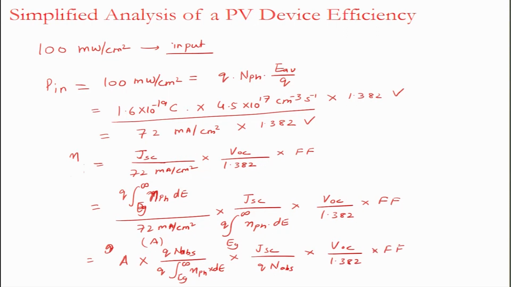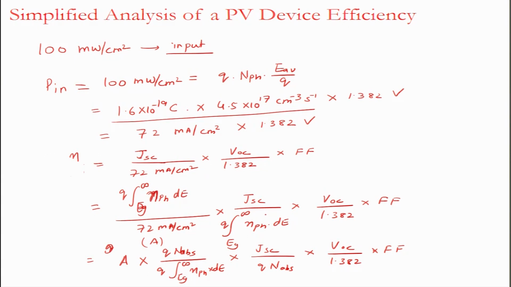So, slowly you can see what we are doing. We are dividing this simple expression, JSC VOC into fill factor, into different quantum efficiencies: the optical quantum efficiency, the absorption quantum efficiency, basically how many get reflected here, how many get absorbed here.